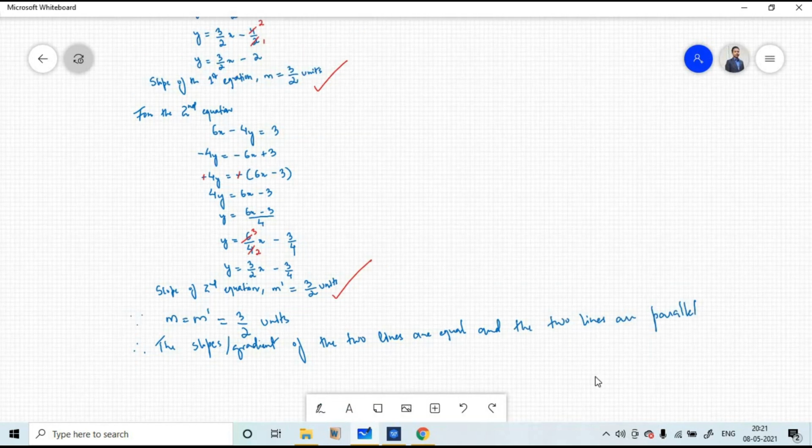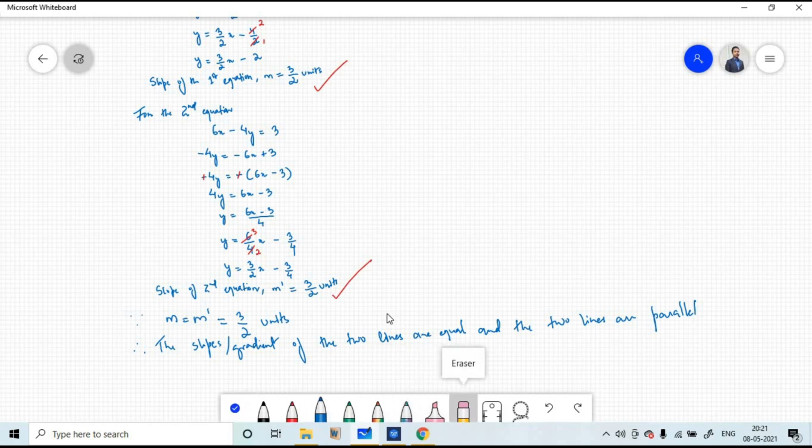Therefore we have proved that the two lines are parallel. Here we can also write line instead of equation. Let's write down the first line and the second line.